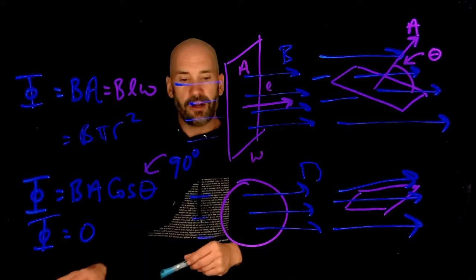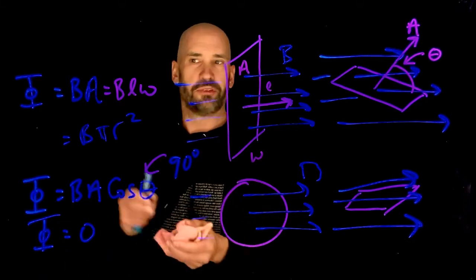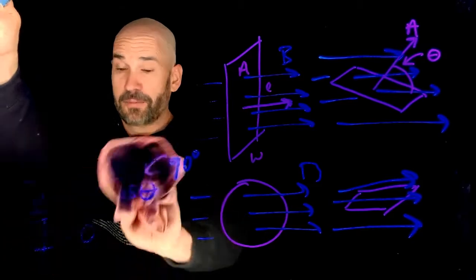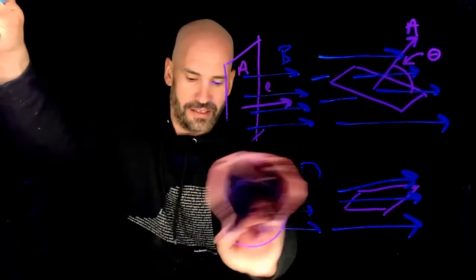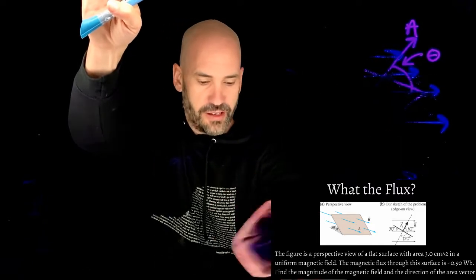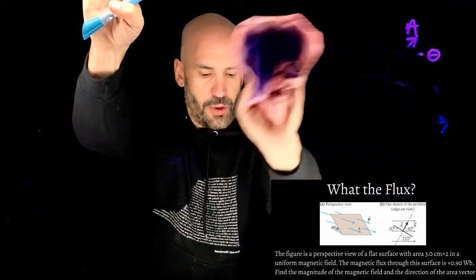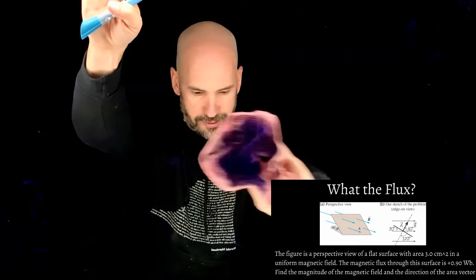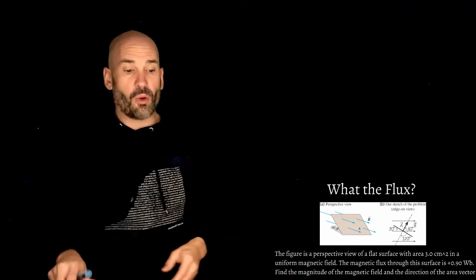For now, I just want to do one example so you're comfortable calculating this. It says: this figure is a perspective view of a flat surface with area 3 centimeters squared and a uniform magnetic field. The magnetic flux through the surface is 0.9 Webers.